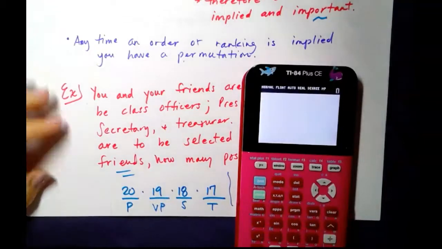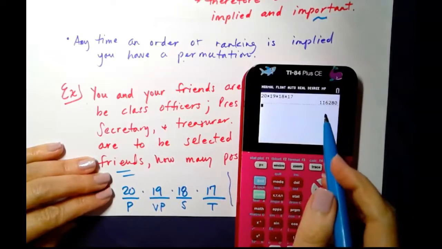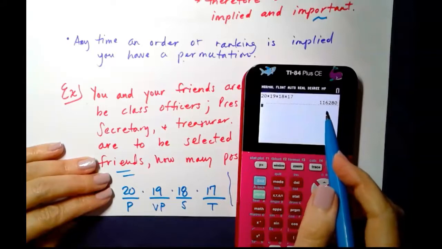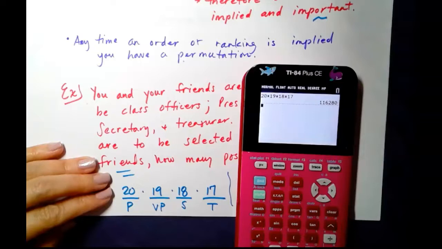If we multiply all these choices together, 20 times 19 times 18 times 17, we get 116,280 possible arrangements from 20 friends being arranged 4 at a time.